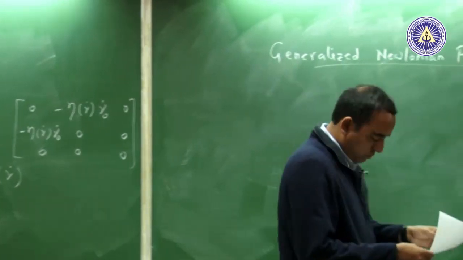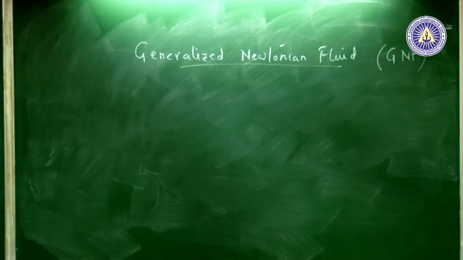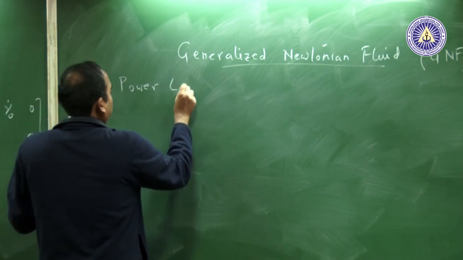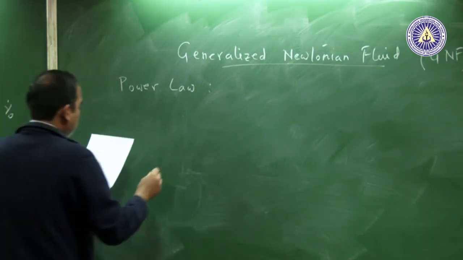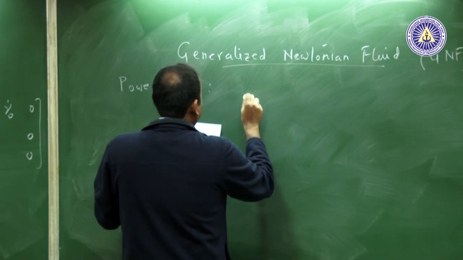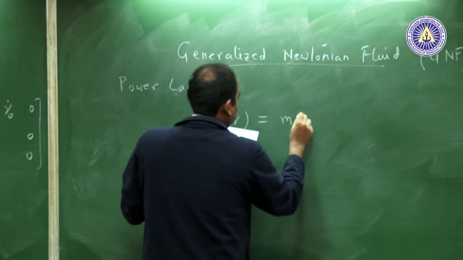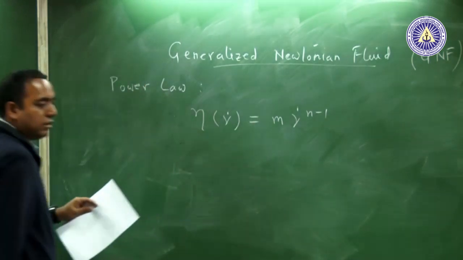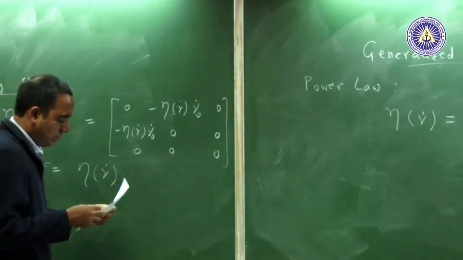Well, so now there are some models to discuss within this family, some important models. One is, you would probably almost all of you know, the power law model, which I showed earlier, which predicts eta to be this, where m is the consistency index and n is an exponent, which comes from the data that we noticed earlier.